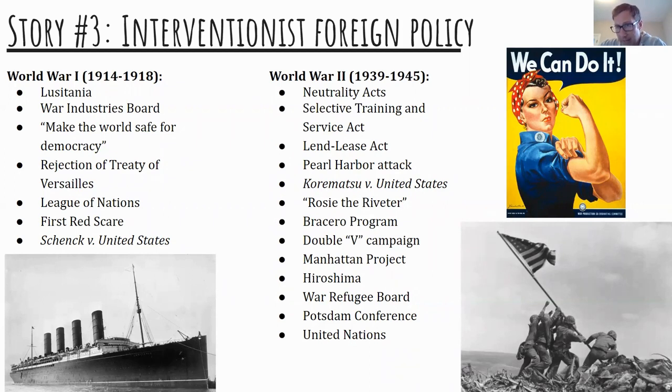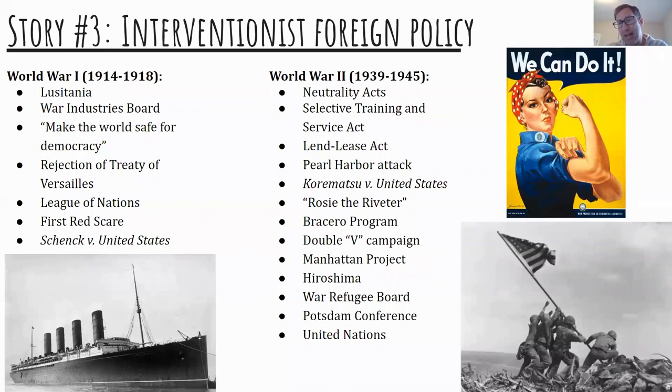So we see America entering this preparedness. The Neutrality Acts had been in place in the 1930s, and they had prevented us from getting involved in World War II. But after our president, FDR, essentially over time strips down these Neutrality Acts, he does a number of things to work around them and to get involved in the war.